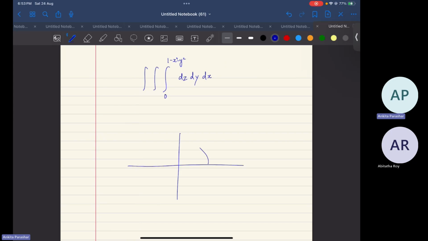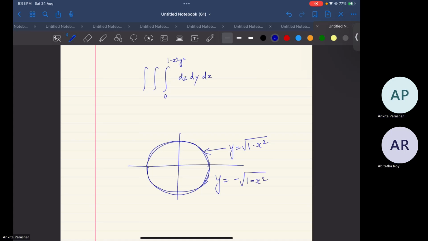If you see the circle, your upper hemisphere has an equation which is y equal to root 1 minus x square. The lower part has an equation y equal to minus root 1 minus x square. So you have to just find the region and then see which type it is.